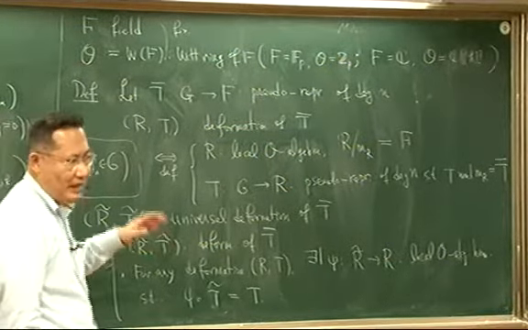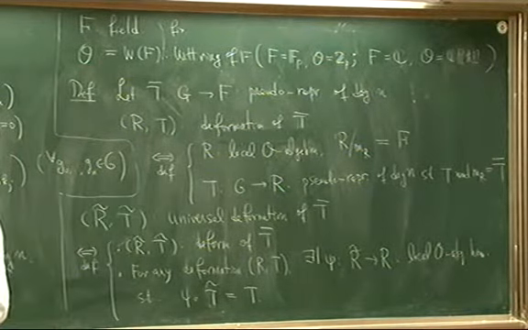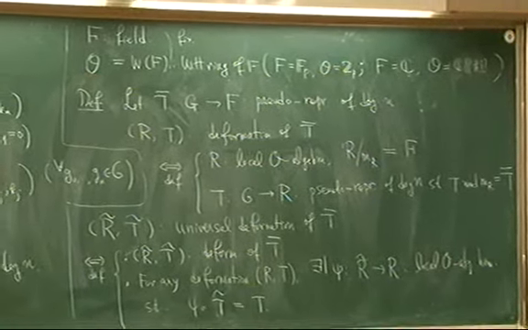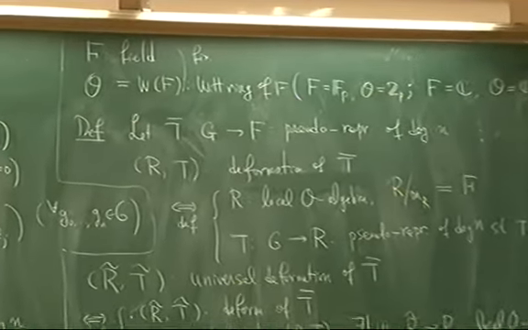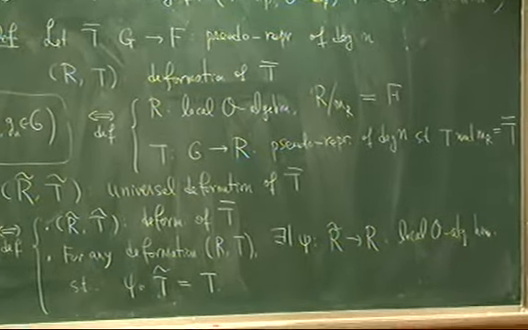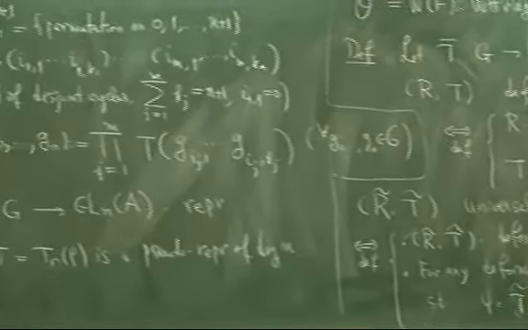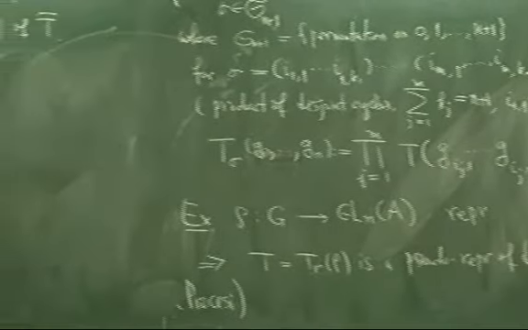But I've just defined things recently, so maybe a better formulation is possible. I think I just follow Taylor's one. So this is theorem 1. That's okay. Now I'm going to the universal deformation of representation.